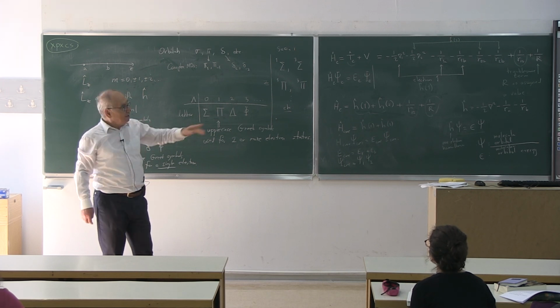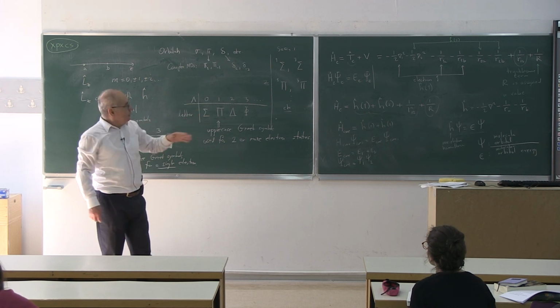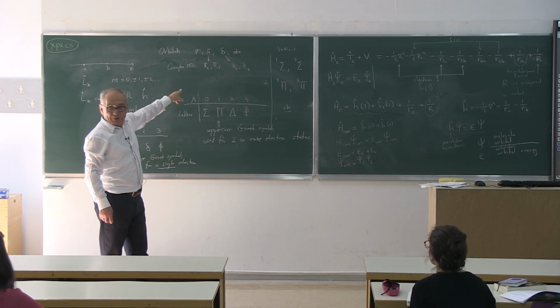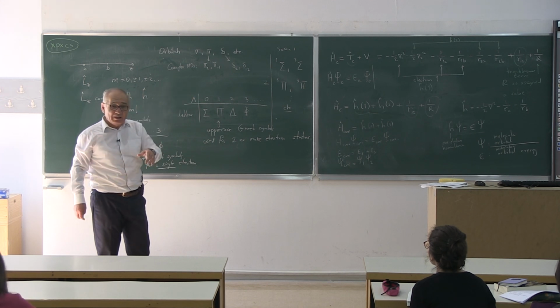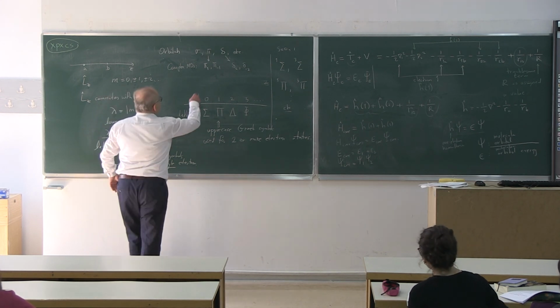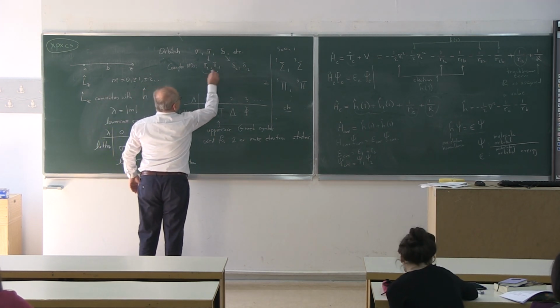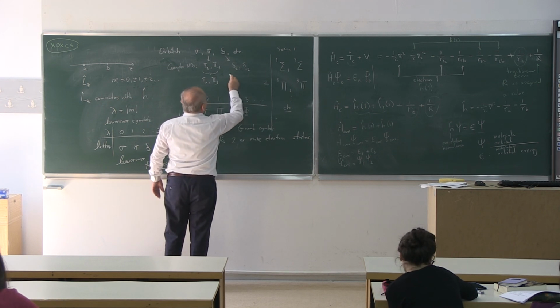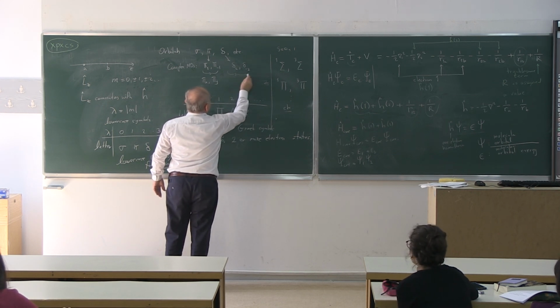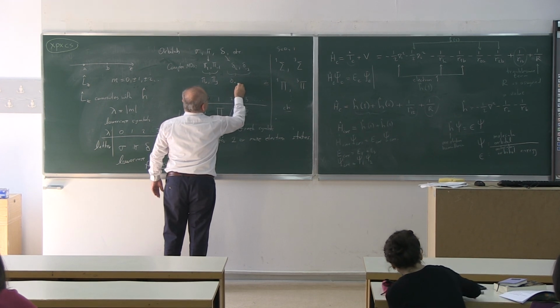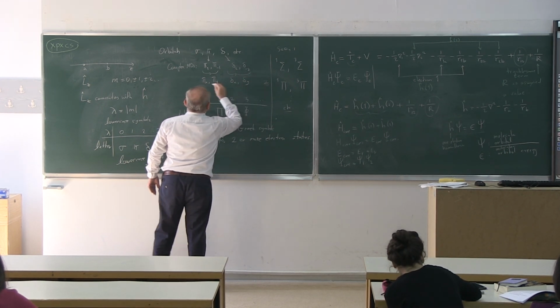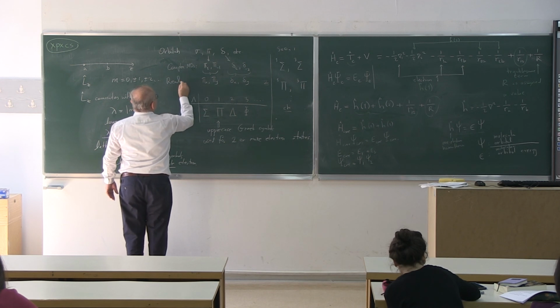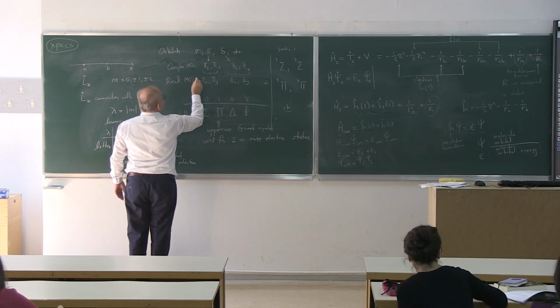Similar to that, in the molecular orbital case, we may use either complex type orbitals like this or real type molecular orbitals, which are designated by pi x, pi y, and here also delta x, delta y type, etc. These are real MOs.